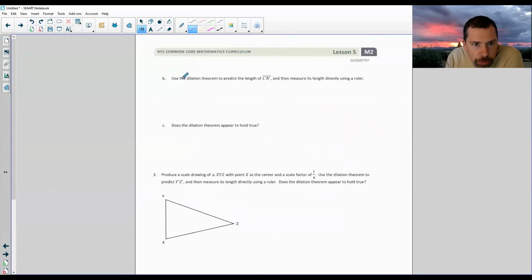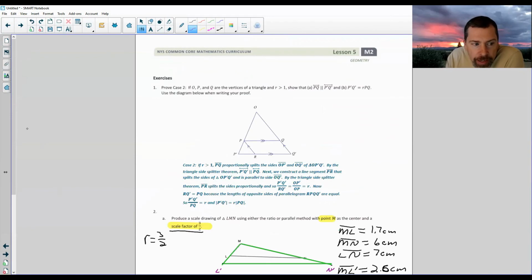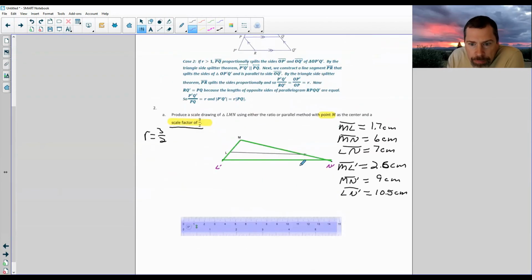So now we can answer part B. It says use the dilation theorem to predict the length of L prime N prime. So now if I go back, L prime N prime is going to be, actually there should be a prime there.